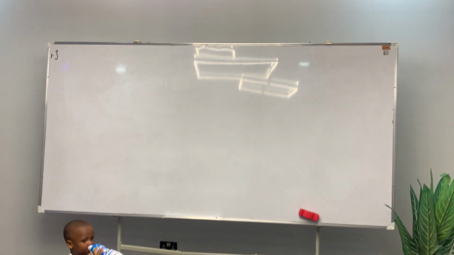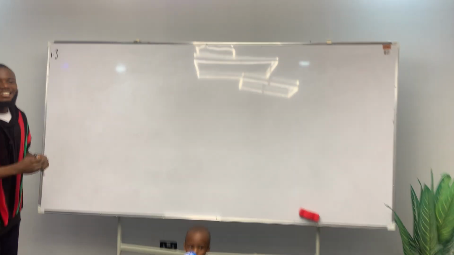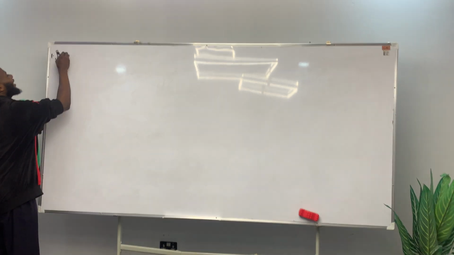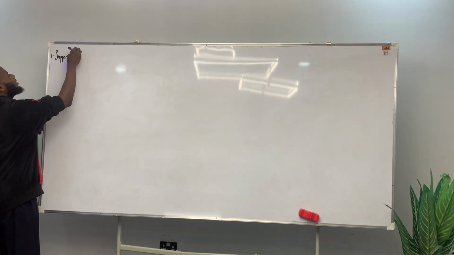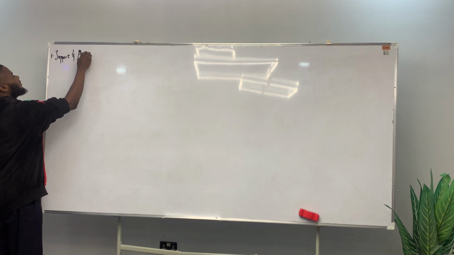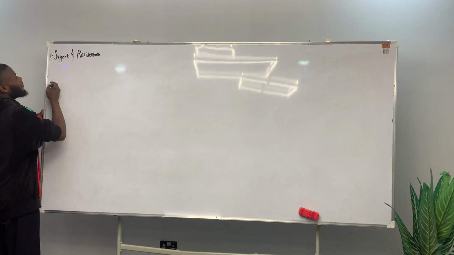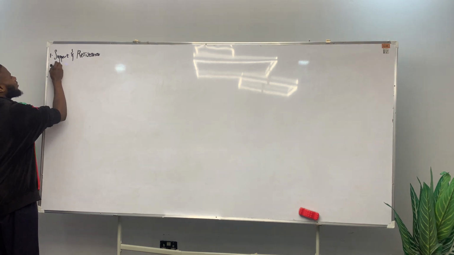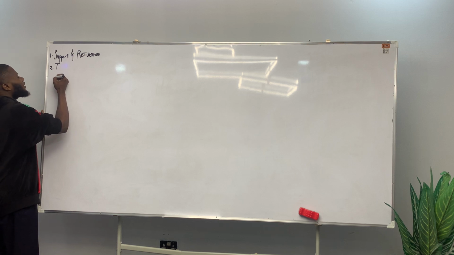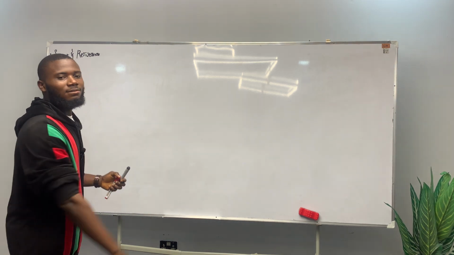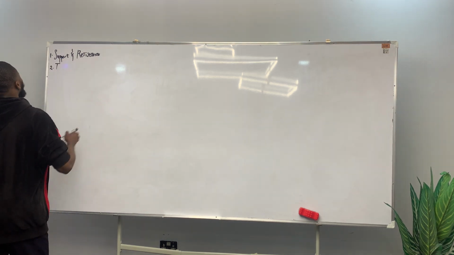Support and resistance. Number two is what? The second method we learned is trend line.